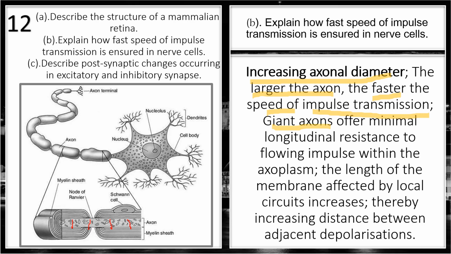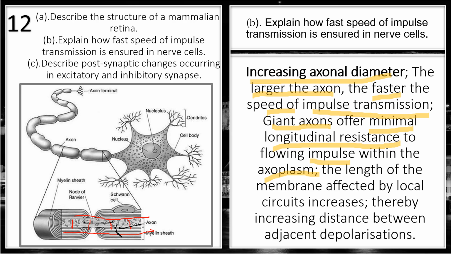Giant axons offer minimal longitudinal resistance to the flowing impulse within the axoplasm. So the more you increase the axon diameter, the less resistance is received by the impulse which is passing through.